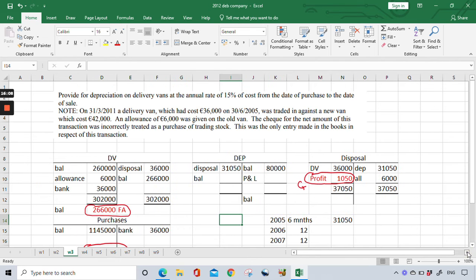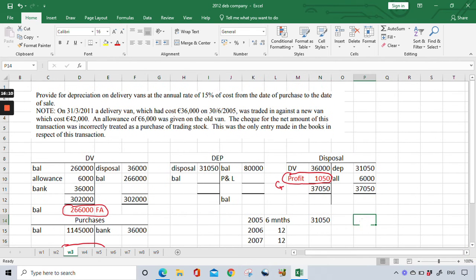So over here at the side, I'm going to do 260,000 multiplied by 15% multiplied by 3 over 12, and then I'm going to do 266,000 multiplied by 15% multiplied by 9 over 12 for the remaining time.